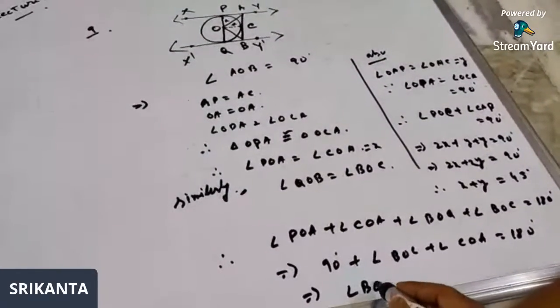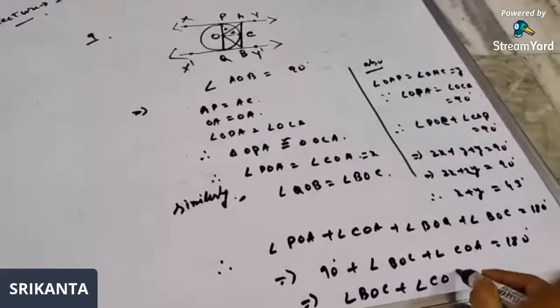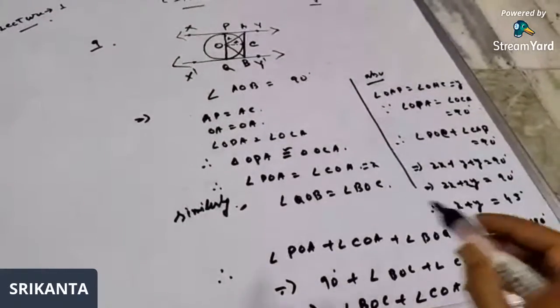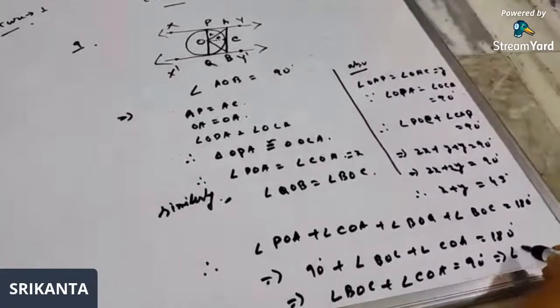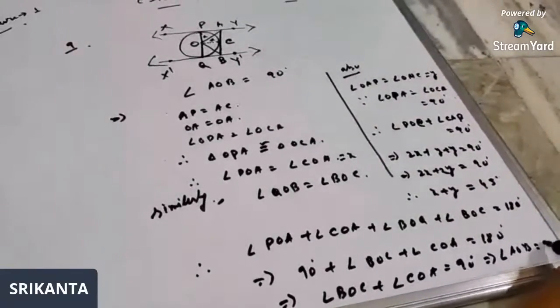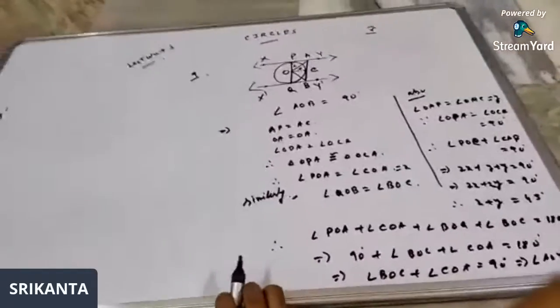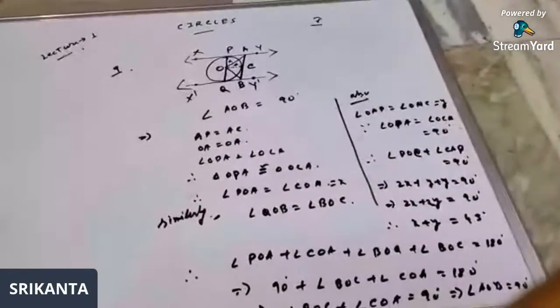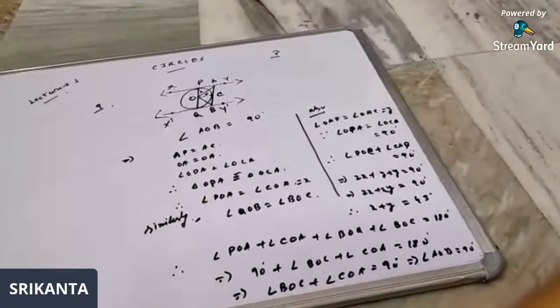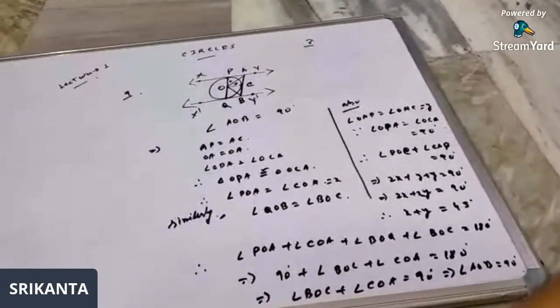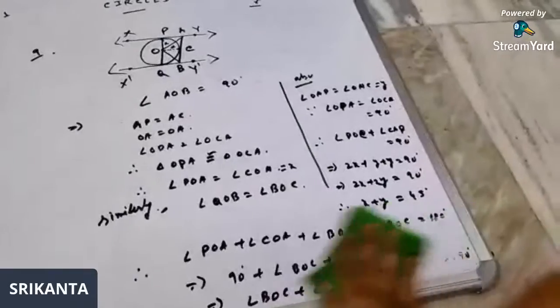Imply angle BOC plus angle COA is equal to 90 degree. Now BOC plus COA means what? Angle BOA. Angle AOB is 90 degree. Clear? This proves our question. I'm erasing it therefore.